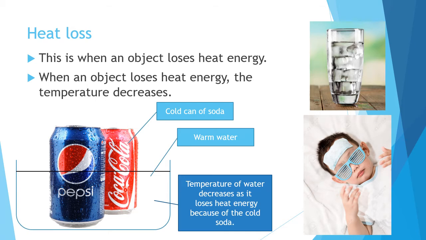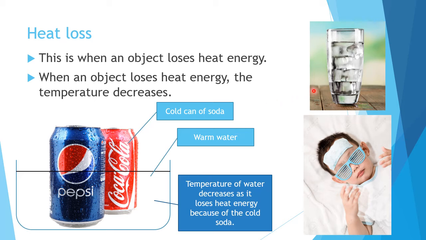We talked about the cold can of soda becoming warmer, but conversely the warm water becomes cooler, because it loses its energy. The energy goes to the can, so it becomes cooler. The temperature of the water decreases as it loses heat energy because of the cold soda.